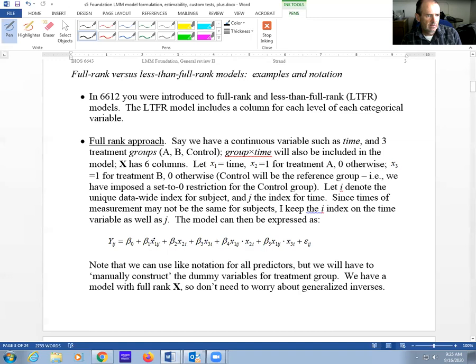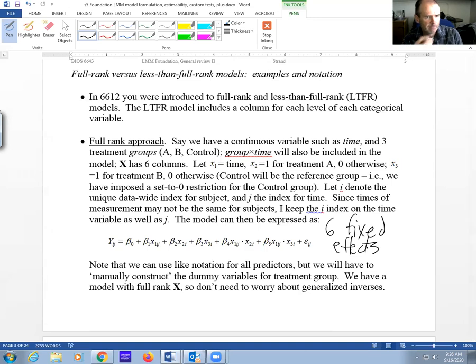And in this case, we have beta 1, that's the slope for time, and x1 is going to be a continuous variable. Okay, so this is one way to write the model, and for that we have 6 beta coefficients, right? So we have 6 fixed effects in that model.